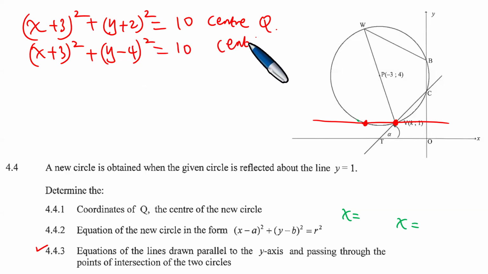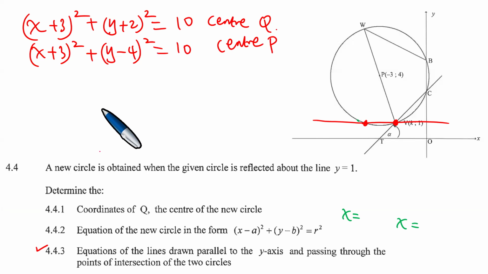This circle has center P, because you can see the 3 and the 4. Now these here are the two circles whose equations we know.